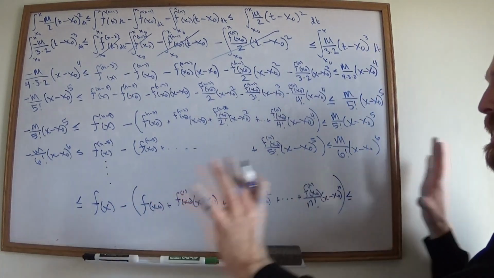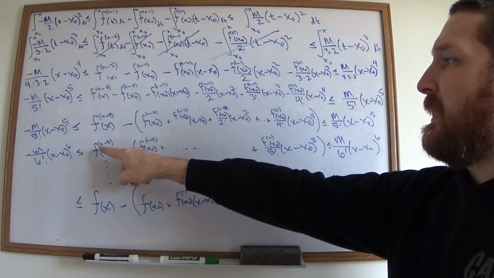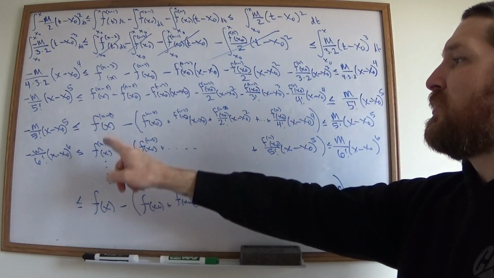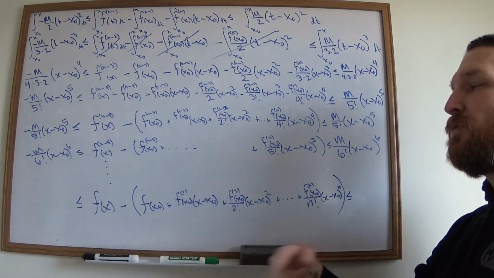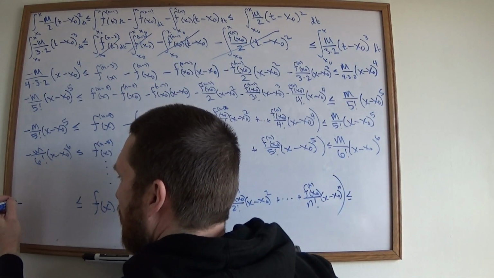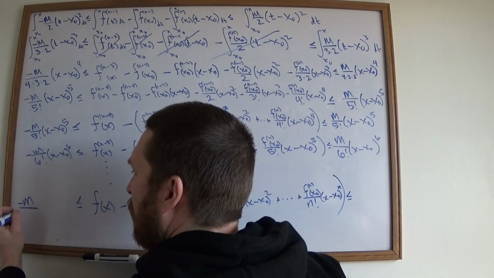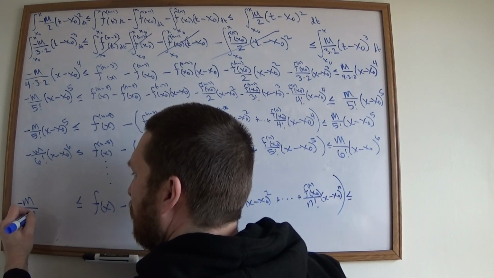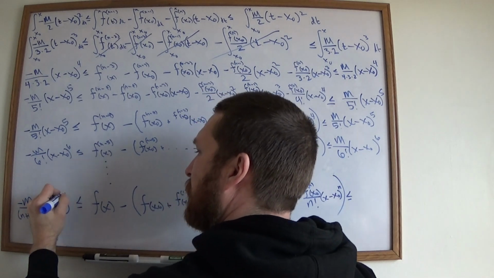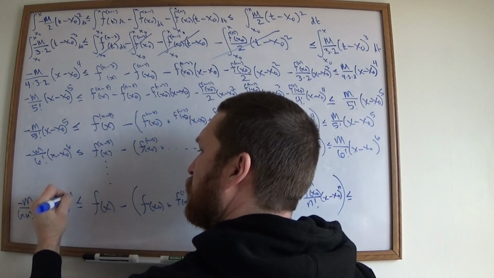Now, okay, the outside stuff. N minus 5, you get a 6. N minus 4, you have a 5. So n minus n should be one more, it should be n plus 1. So minus M over n plus 1 factorial, x minus x0 raised to the n plus 1.